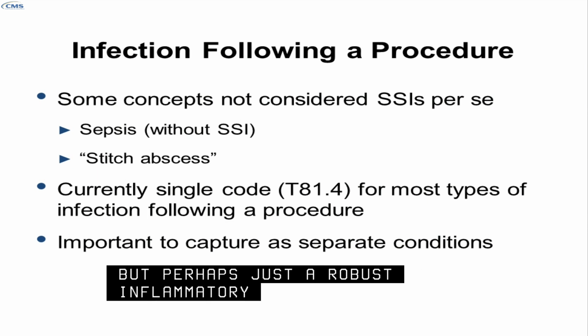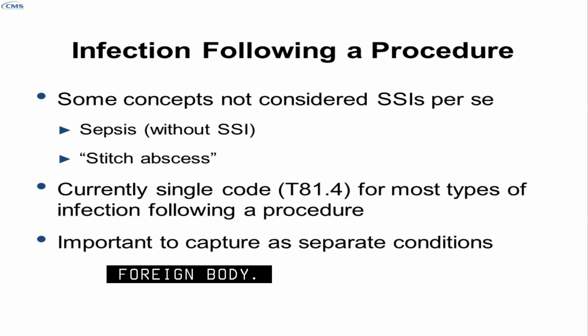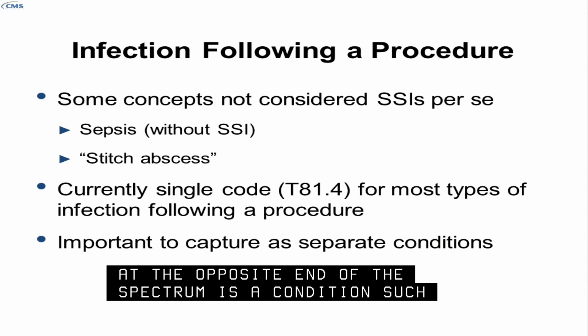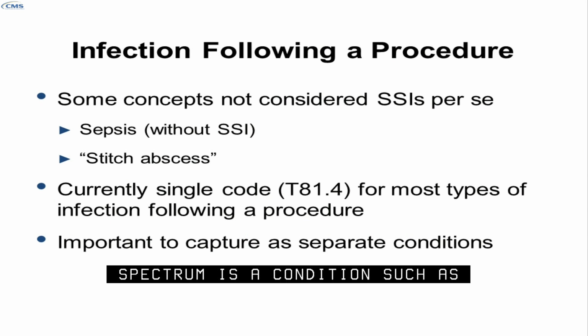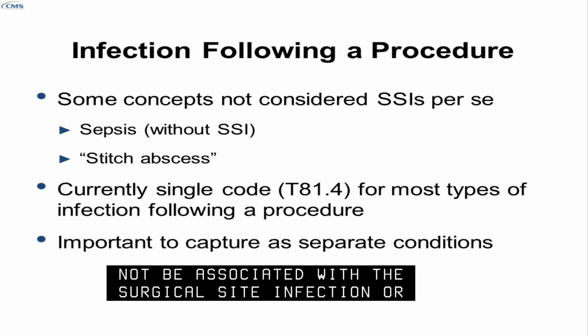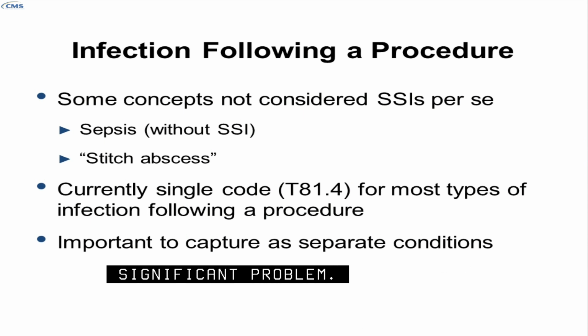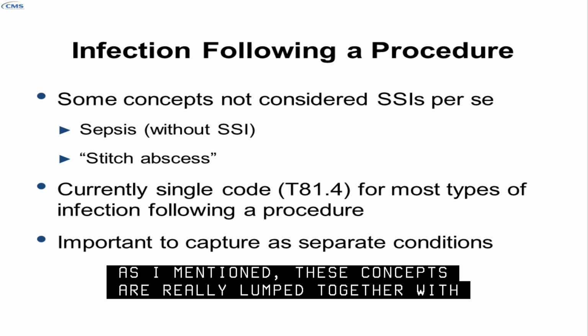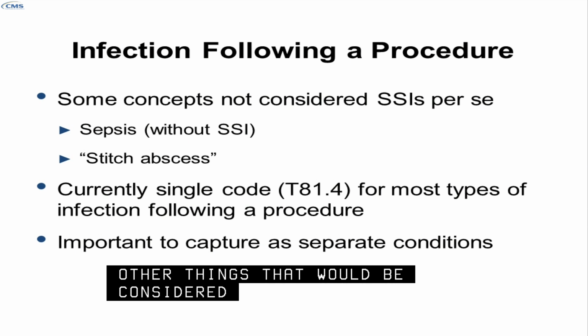But at the opposite end of the spectrum is a condition such as postoperative sepsis, which may not be associated with a surgical site infection per se, but is potentially a very significant clinical problem. And as I mentioned, these concepts are really lumped together with other things that would be considered the more garden variety surgical site infections in the T81.4 code.